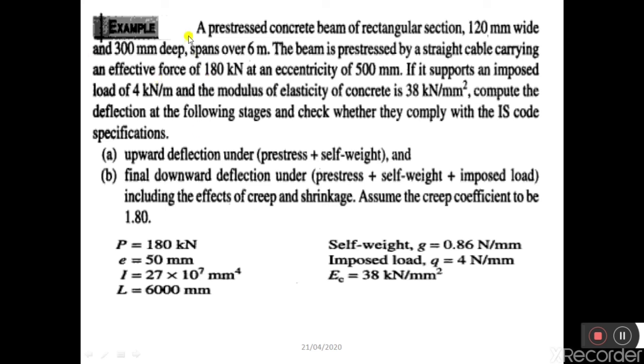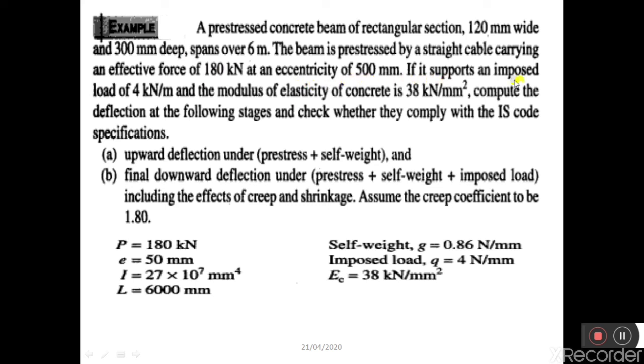Now let us consider one more example. A pre-stressed concrete beam of rectangular section 120 mm wide and 300 mm deep spans over 6 meters. The beam is pre-stressed by a straight cable carrying an effective force of 180 kN at an eccentricity of 50 mm.